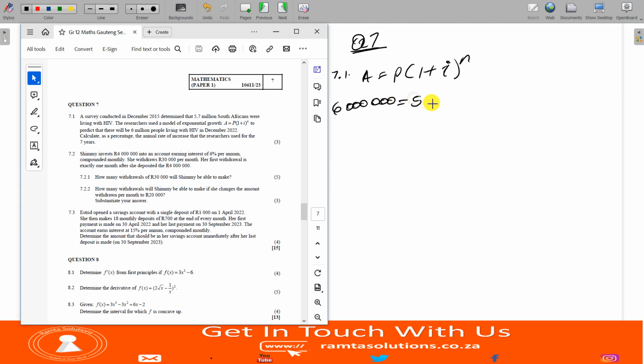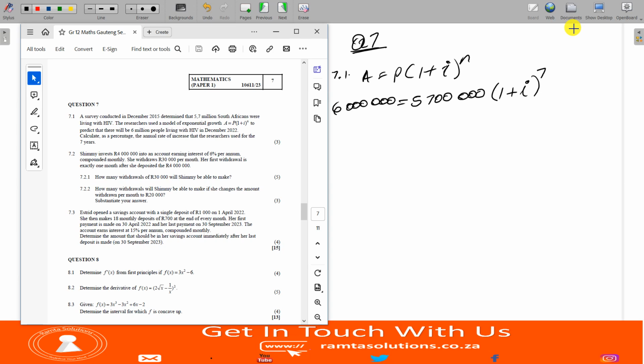So this is 5,700,000. 1 plus i is what we are looking for. Remember, this is not really the interest, but the annual rate of increase, for 7 years.